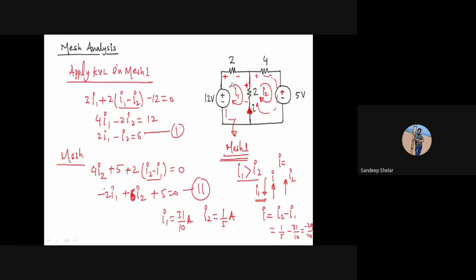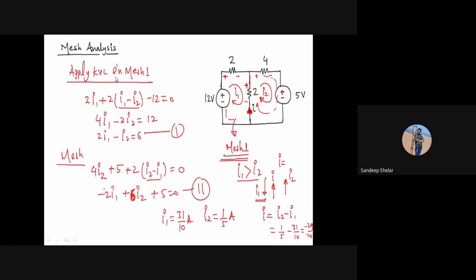In loop 1 the current I1 is flowing, and in loop 2 the current I2 is flowing. The direction of currents I1 and I2 is clockwise. Now to find the currents, we consider loop 1 first.